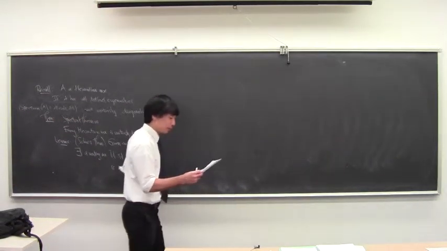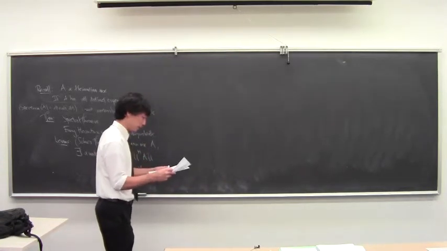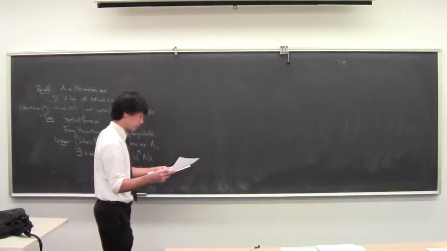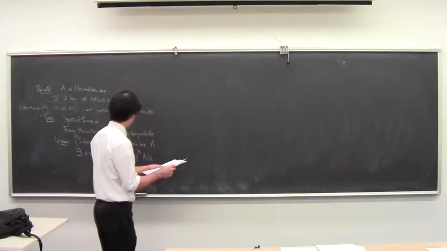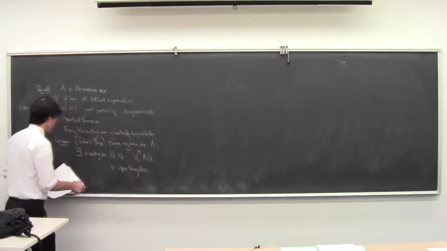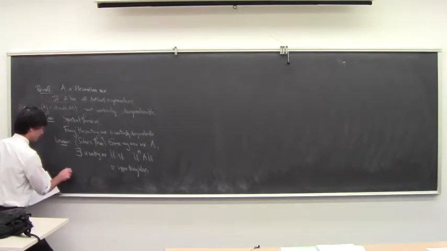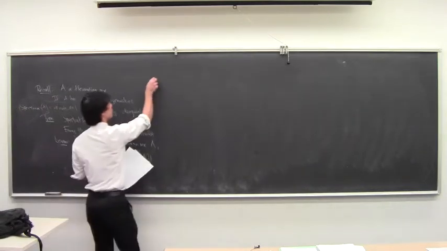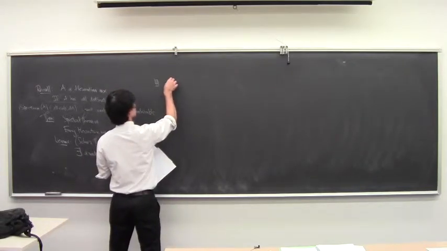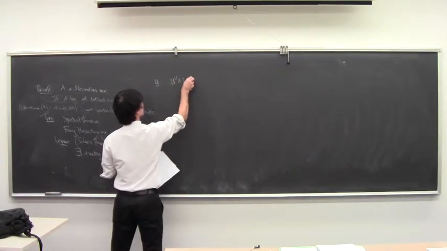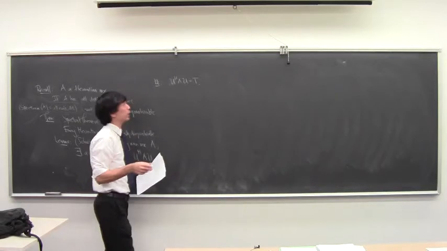Let me make a comment about this. It says that for any matrix A, U^H A U is going to be upper triangular.